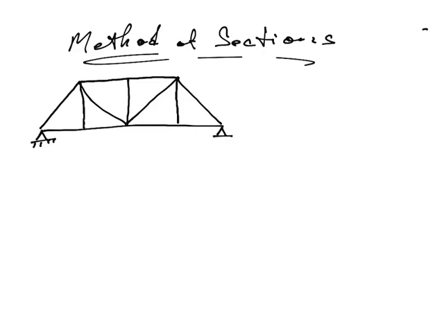Here we have a roller support. Call this A, B, C, D, E, F, G, H. Those are our pins. And let us say we have a set of loads. Let's say 100 here, maybe 200 here, 100 here.